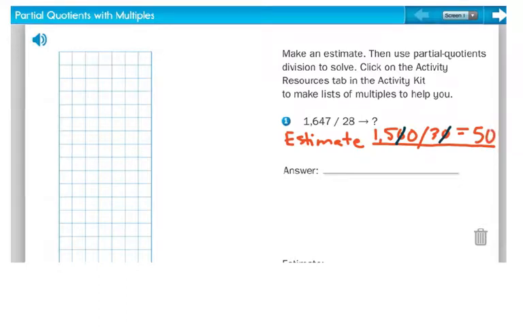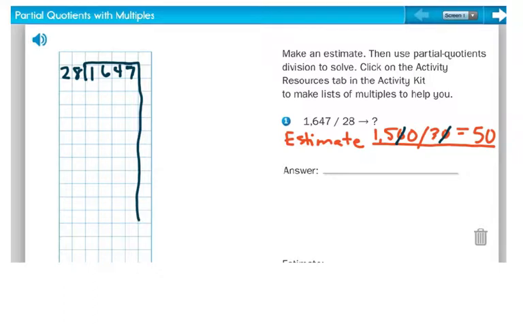So my answer should be close to 50. Here we go, let's set this problem up. 1,647 divided by 28, which is a 2-digit divisor. In 4th grade, we did 1-digit divisors.